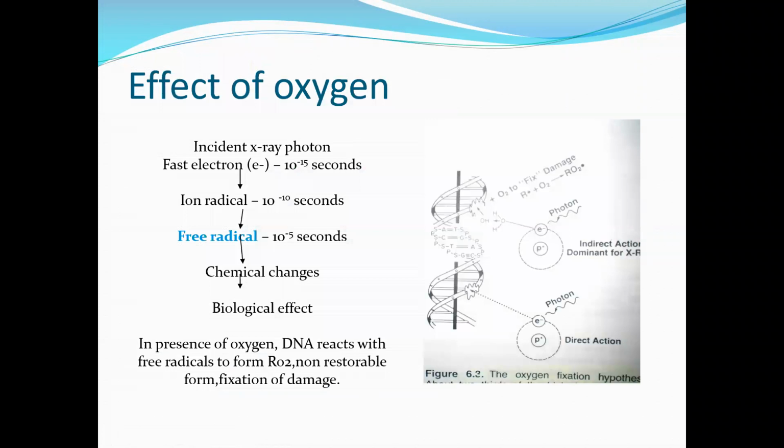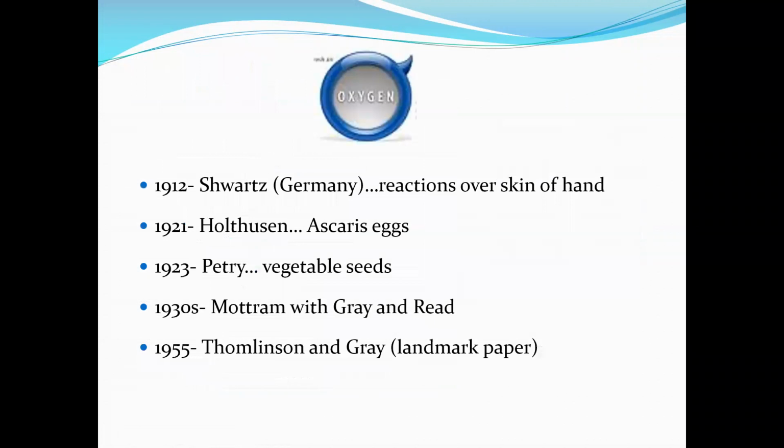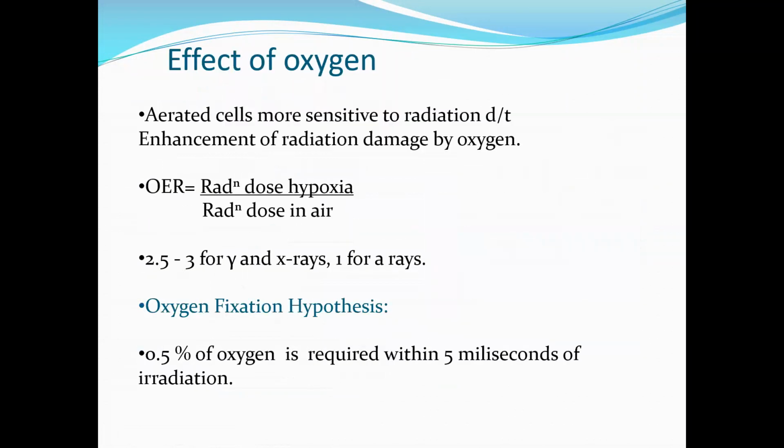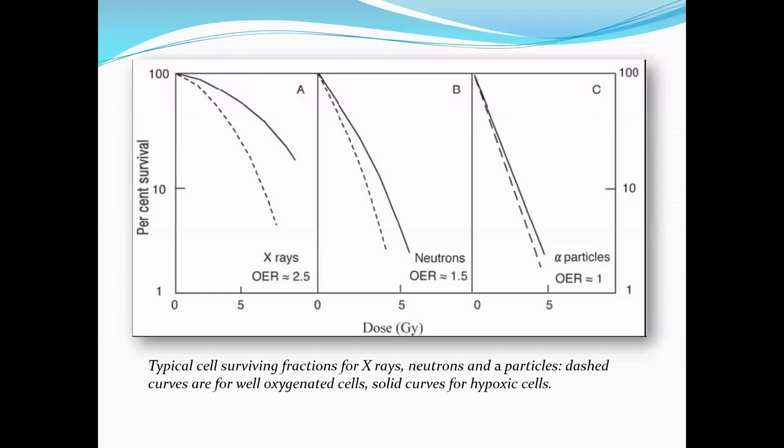Now coming to the effect of oxygen, the same drill. The biological effect happens because of the oxygen damage, and that is why greater the oxygen, greater the sensitivity. This is OER, oxygen enhancement ratio, that we'll be discussing in that PPT.